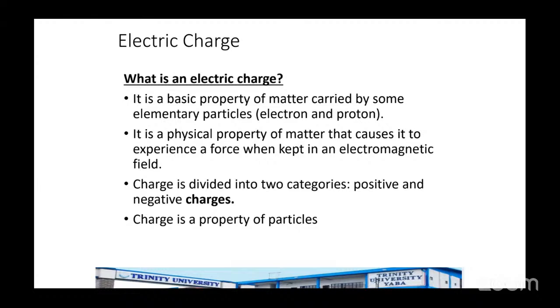So I was saying that charges are physical properties of matter that cause it to experience a force when kept in an electromagnetic field.